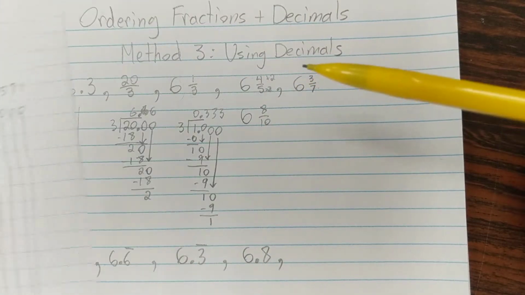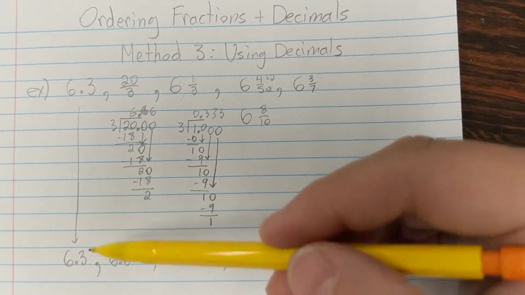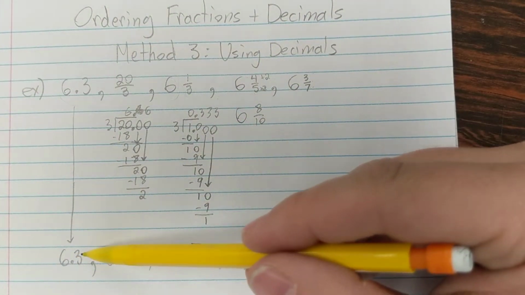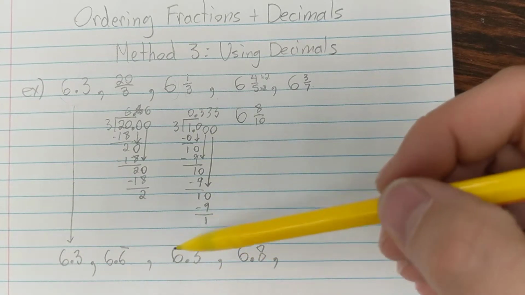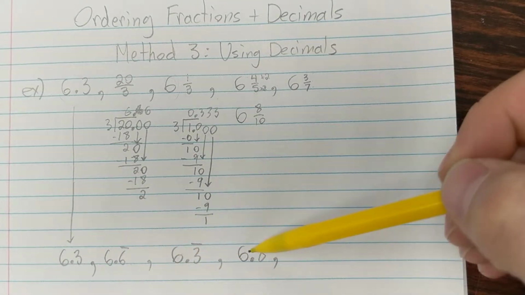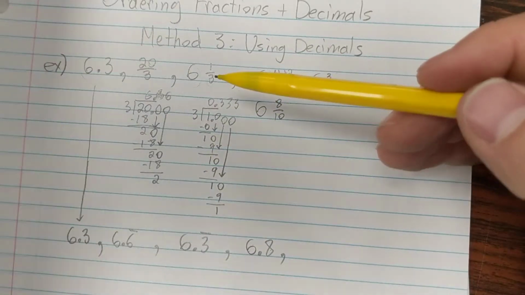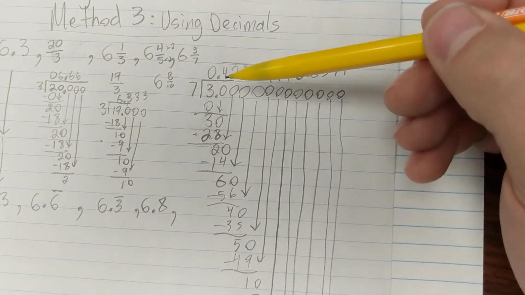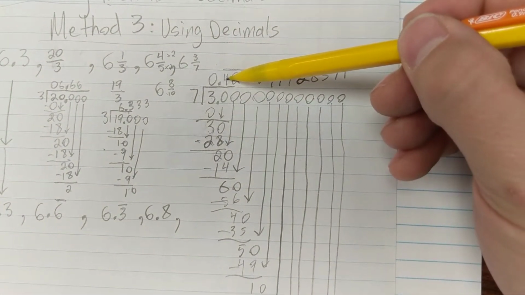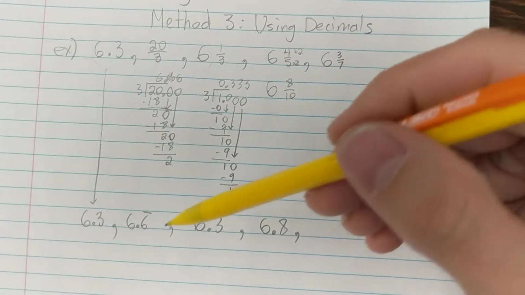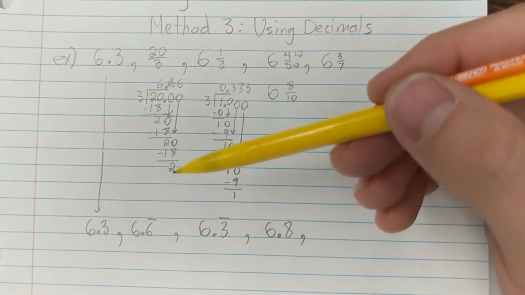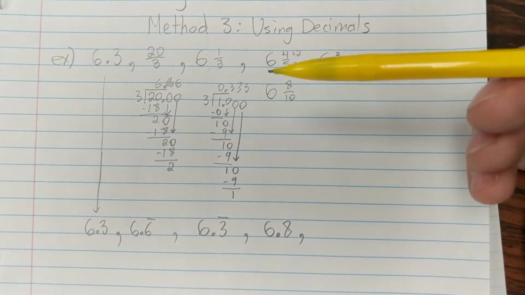But looking at my answers here, I have 6.3, I have 6.6 repeated, 6.3 repeated, 6.8. Right off the start, when I got to my decimal 4, I already knew that 4 was bigger than 3 and less than 6, which were the next ones. So already I knew this one would have to be in between there.